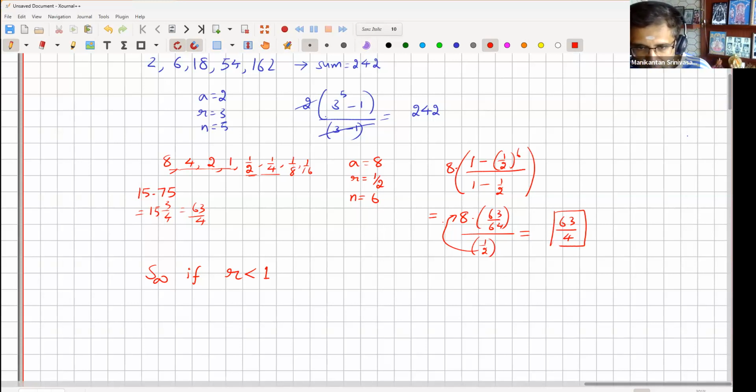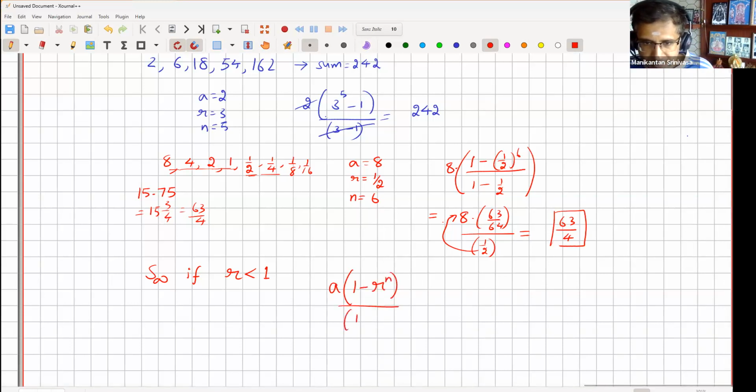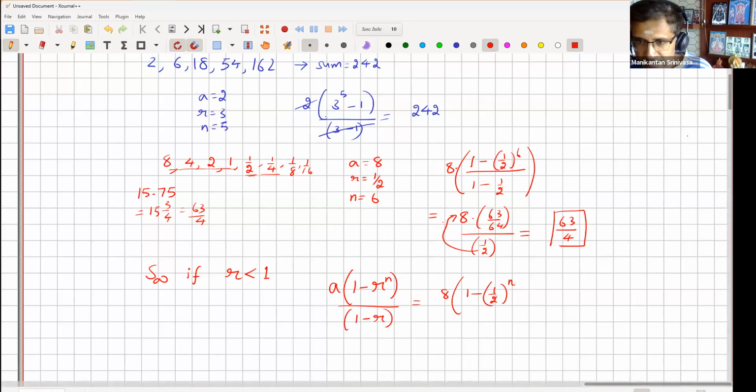So if you look at the formula here, what is it? A into 1 minus R power n, by 1 minus R, right? So again, let's take the same example, 8 into 1 minus half power n, by 1 minus half.